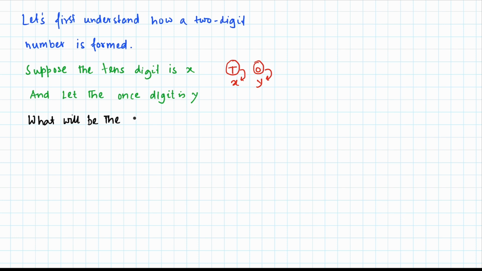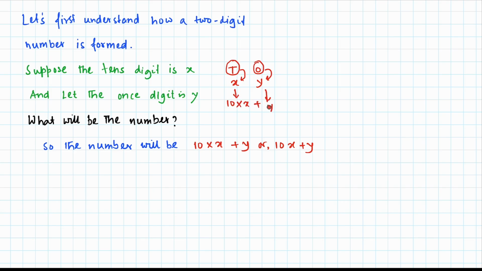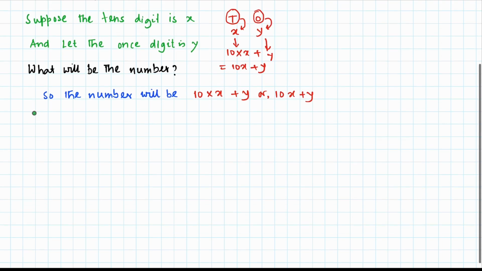Now what will be the number? How can you represent this number? We can represent the number as 10 times x plus y, or 10x plus y. So this is the number we will represent using the x and y variables. Now for example, suppose we take x equal to 4 and y equal to 7.